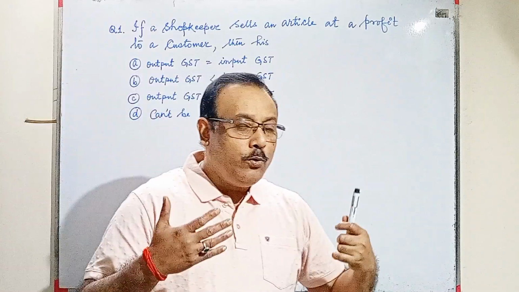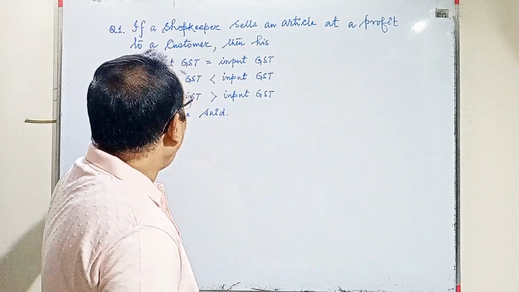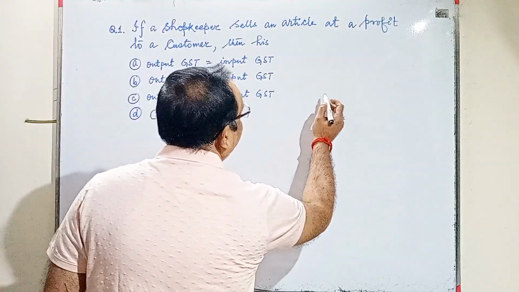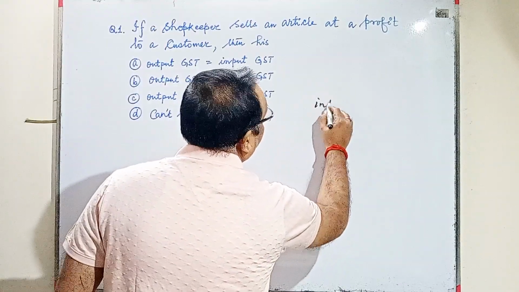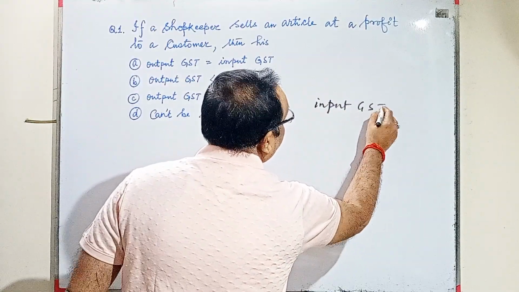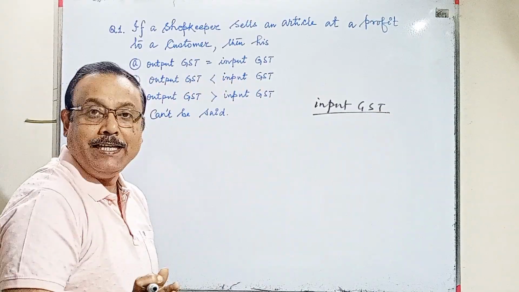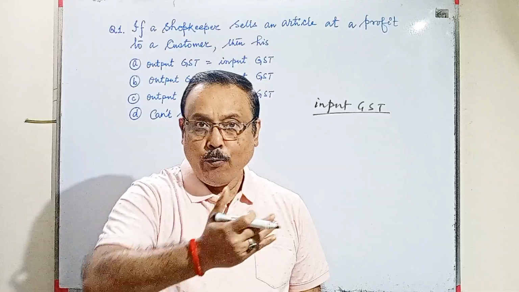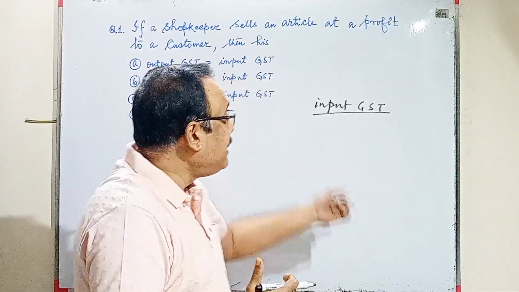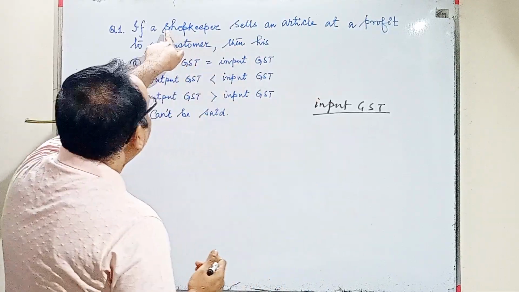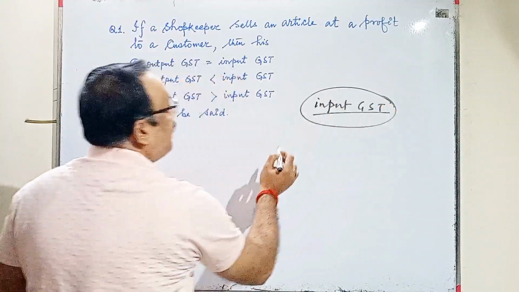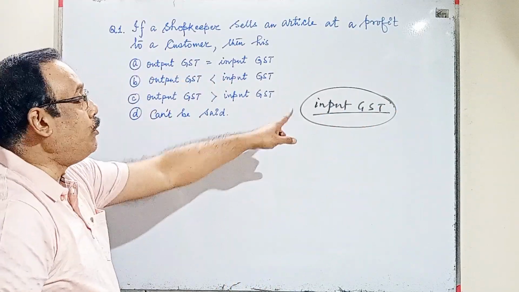Now, before I go with the answer, we should know what output GST and input GST are. Input GST is the GST which is paid while purchasing an item. When the shopkeeper purchases an item, the tax paid while buying the item is input GST.